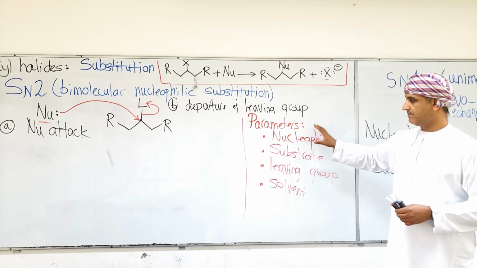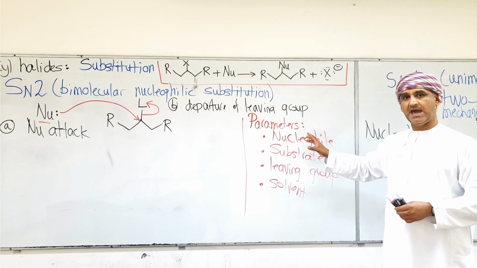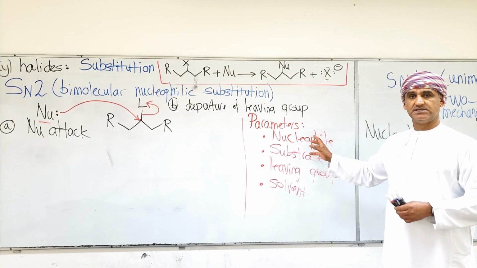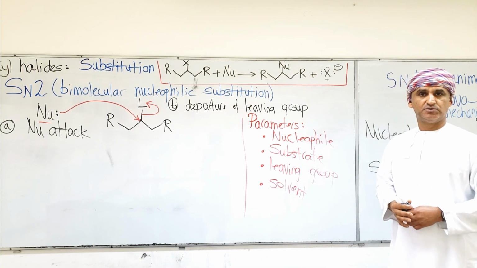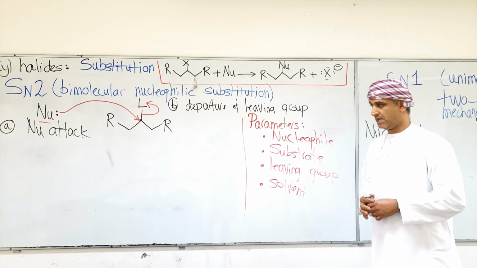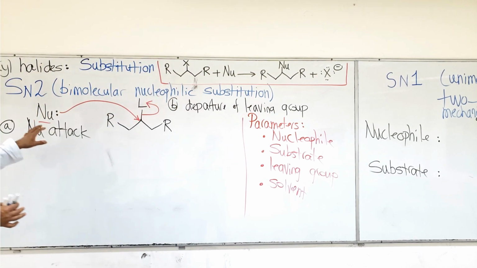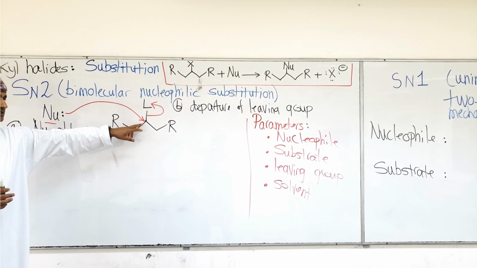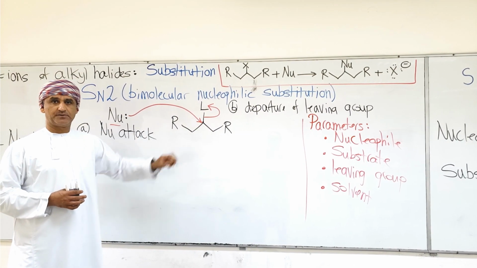Let's now talk about each of them separately, and we compare the role, the importance, or the characteristics, if you like, of the nucleophile in the SN2 mechanism and also in the SN1 mechanism. Now, in the SN2 mechanism, the nucleophile is going to attack this carbon with simultaneous departure of the leaving group.